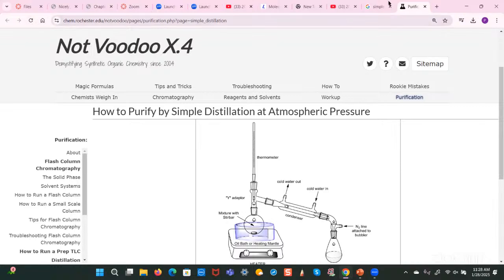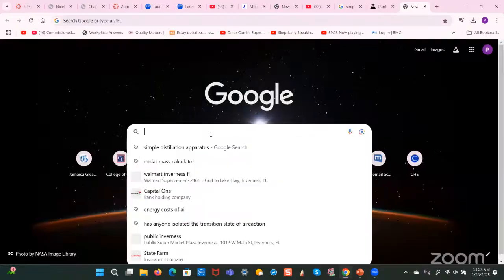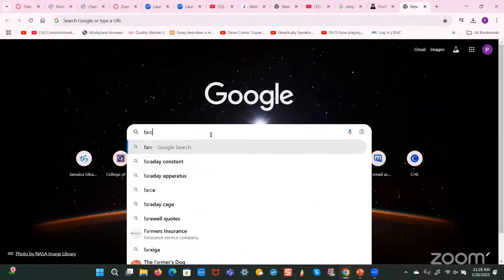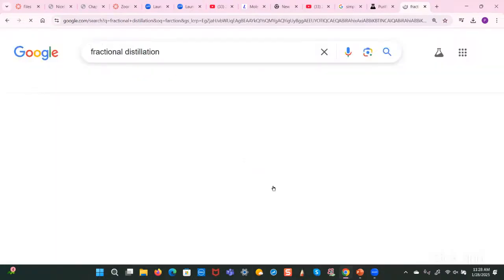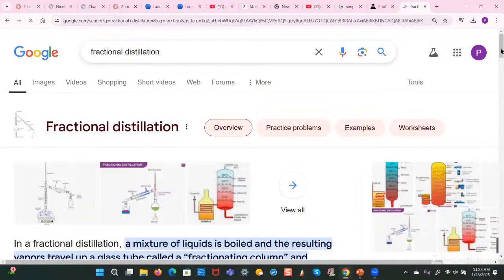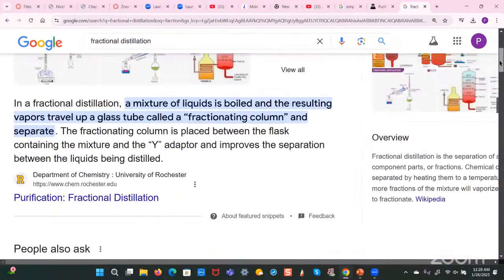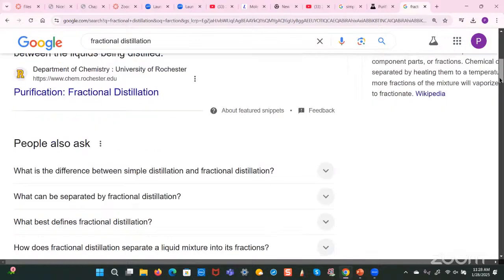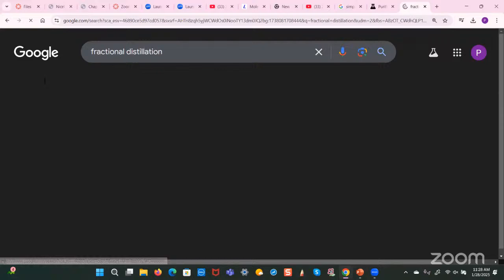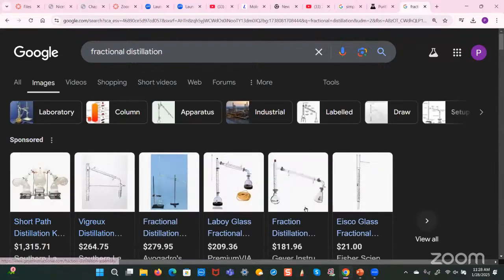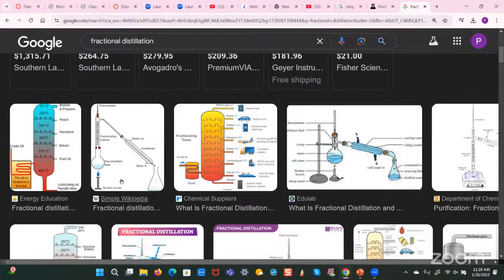Let me see if I can find that one, which is similar, but you have another tube being added between the round bottom flask and the condenser. And that is for solutions where the boiling points are smaller in difference. Let me see, which one should I use?